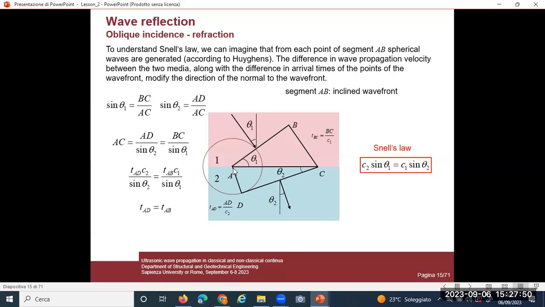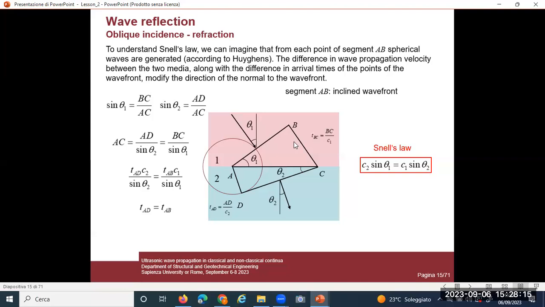Look, just pick up the segment A1 and assume that this segment is part of the wavefront. Now, according to Huygens, you can imagine that circular wavefronts emanate from each of the points of this wavefront.